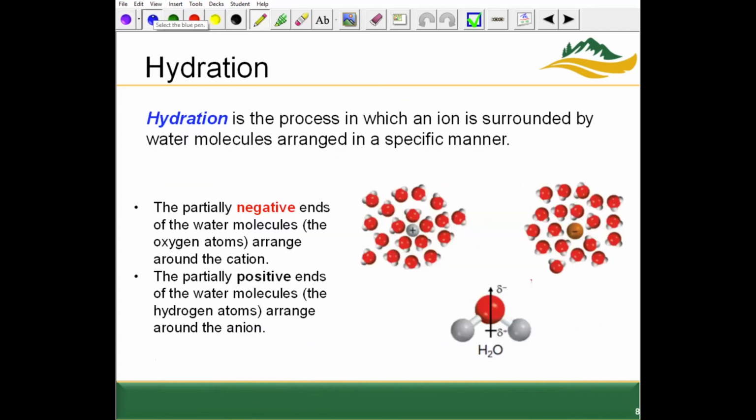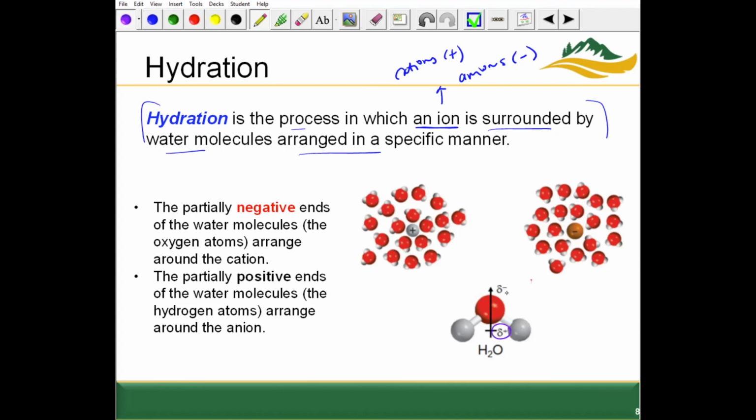So as we're talking about solutions, we also need to talk about this idea of hydration, which is the process in which an ion is surrounded by water molecules arranged in a specific manner. So remember, for ions, we can have cations that are positively charged and anions that are negatively charged. Well, water is a special kind of molecule because it has polarity to it.